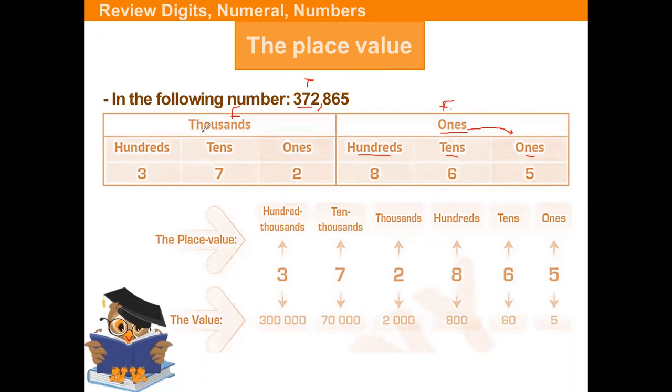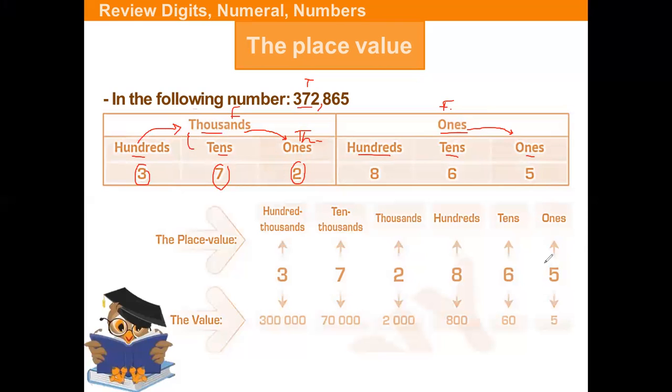So here we have thousands. The first one will be thousands, like his family or his dad. So it will be also thousands, while here it will be 7, it's ten thousands. I will read the number with the thousands, and the 3 will be hundred thousands.